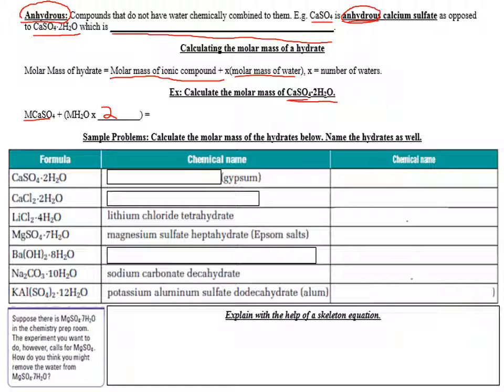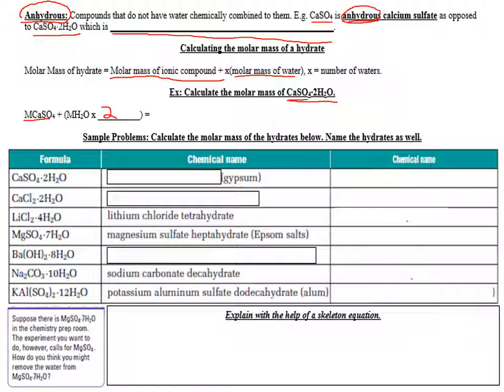So I'm going to find the molar mass of calcium sulfate first, looking at my periodic table. So we have 40.08 plus 32.07 for sulfur, plus 4 times 16.00 for oxygen.